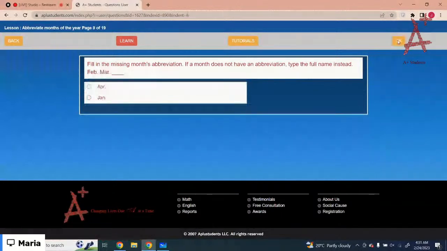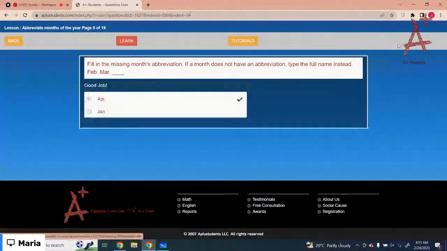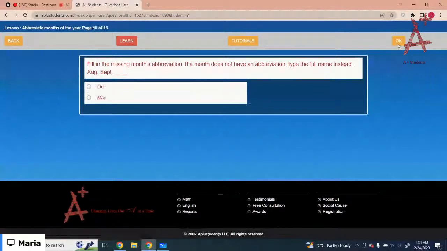Okay, the next one is February, March. Which is the month after March? After March, it is April. Got it. So the correct option is April. Okay, August, September.